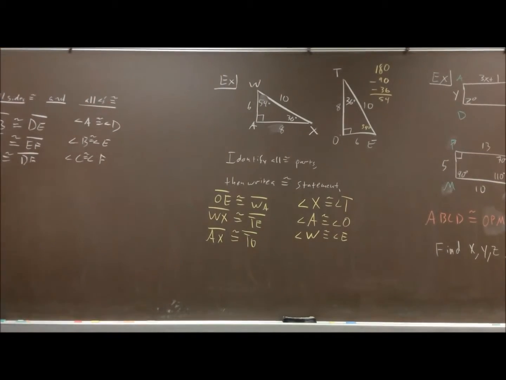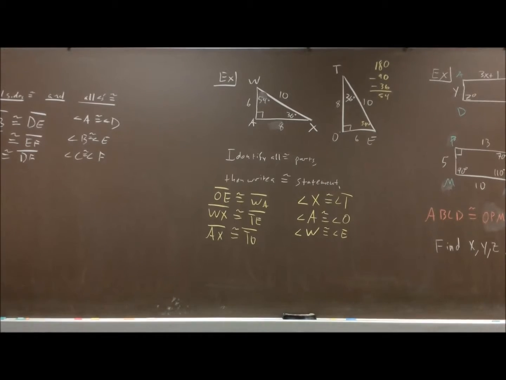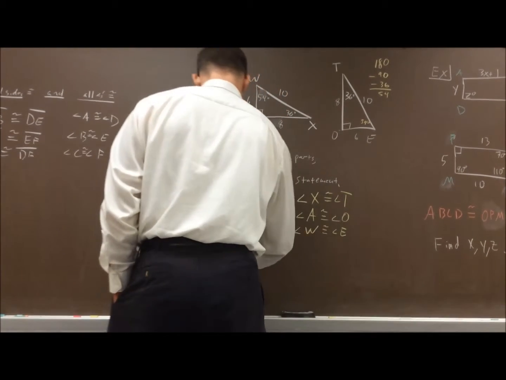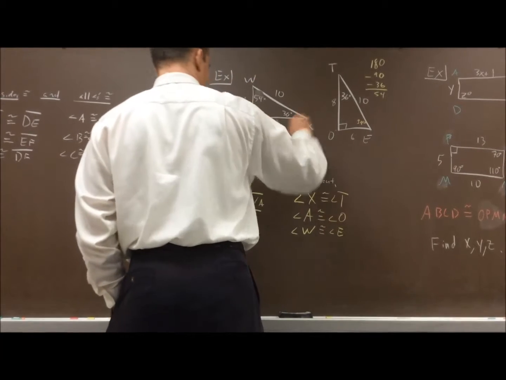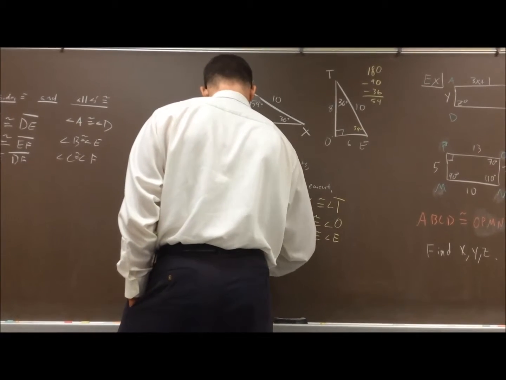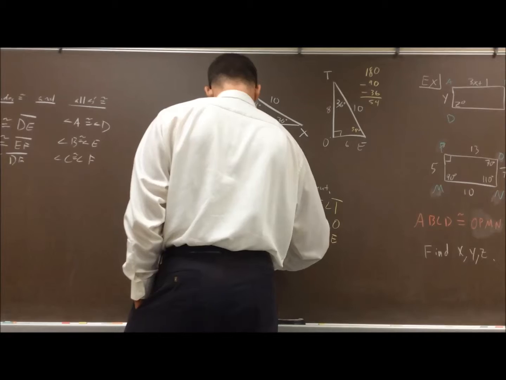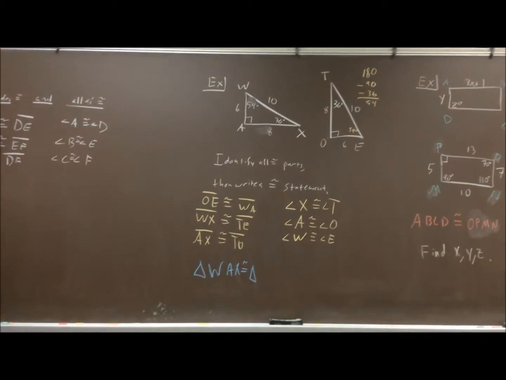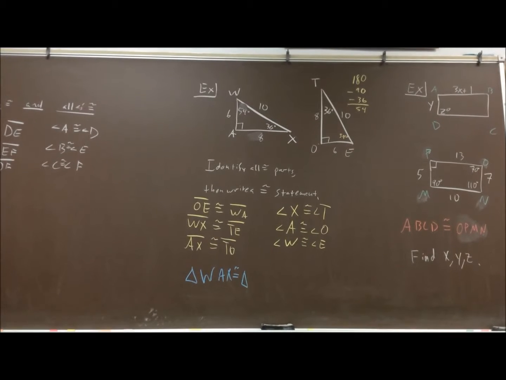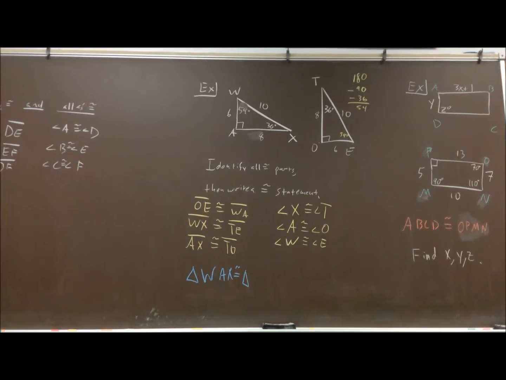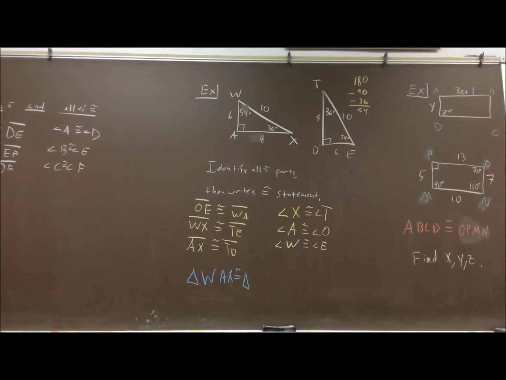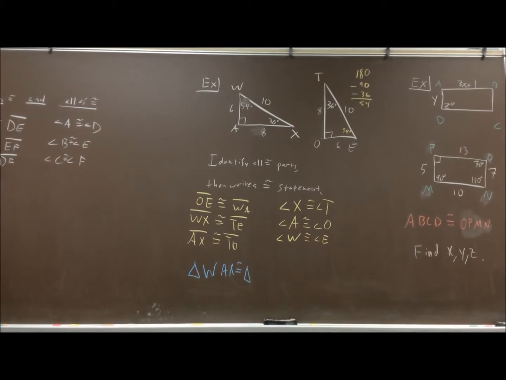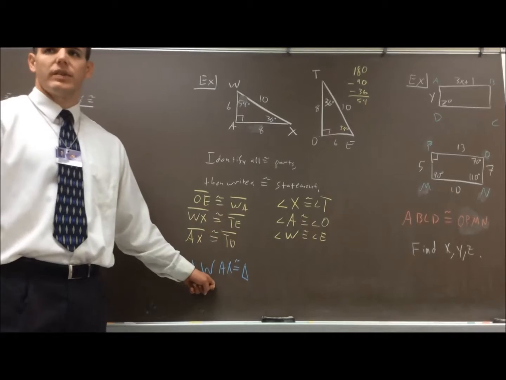Now we just have to write a congruent statement. To write a congruent statement, we're just going to say triangle WAX is congruent to triangle, and I'm not going to say TOE because those don't match up. What matches up with W?